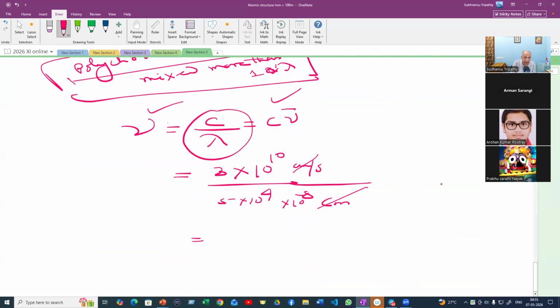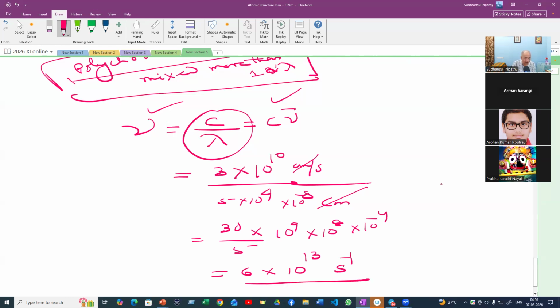Then it is 30 into 10 to the power 9 into 10 to the power 8 into 10 to the power minus 4 by 5. So 6 times 10 to the power 13, second inverse.